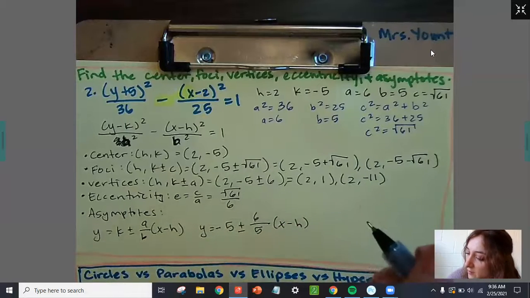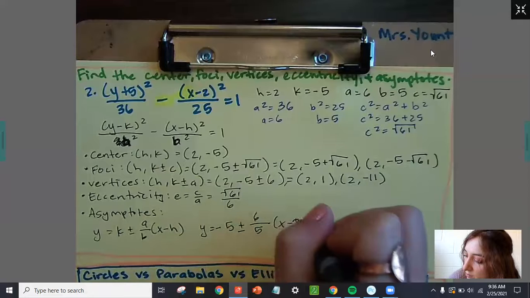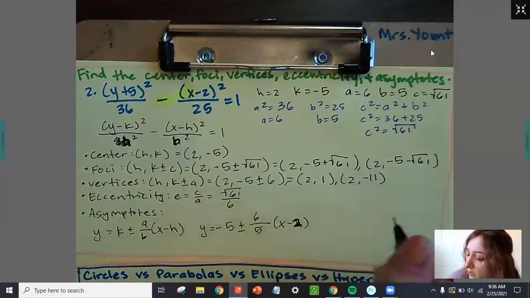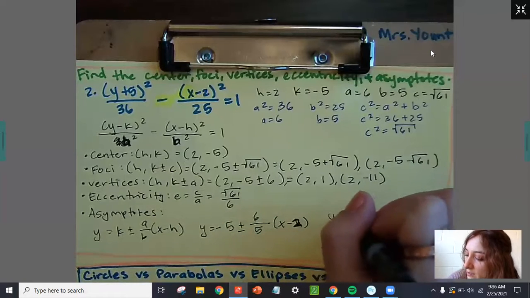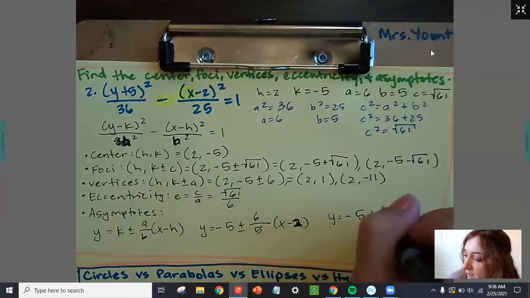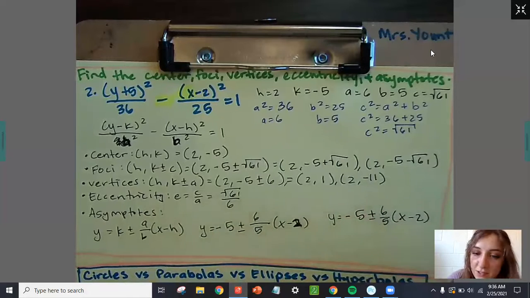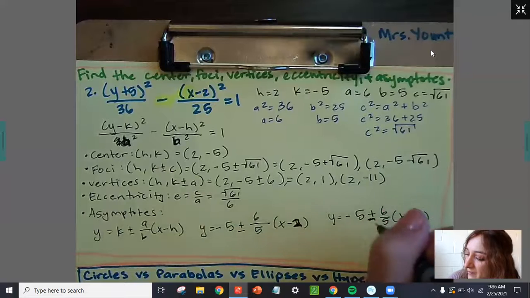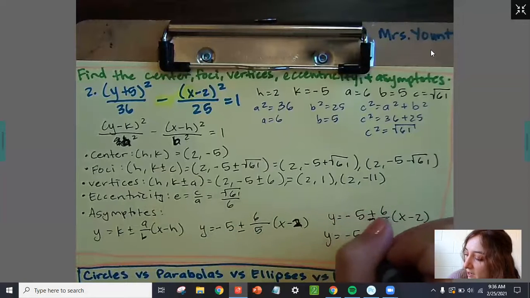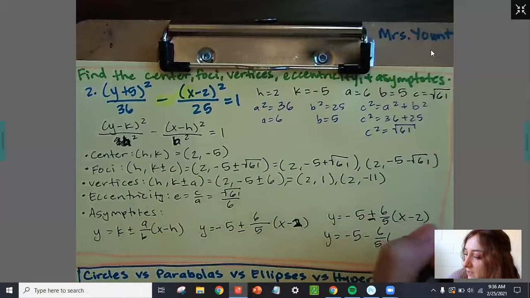Oh, sorry, x minus 2 here. Okay, so writing these two out, y equals negative 5 plus 6/5 times (x minus 2). And then the other one is y equals negative 5 minus 6/5 times (x minus 2).